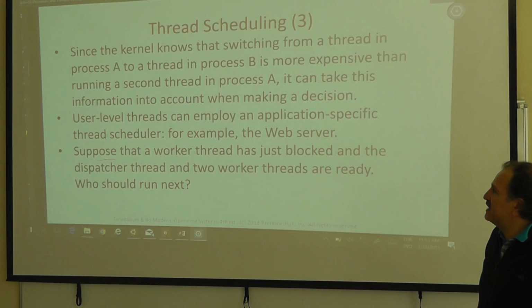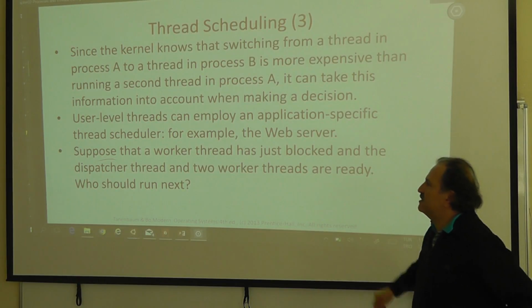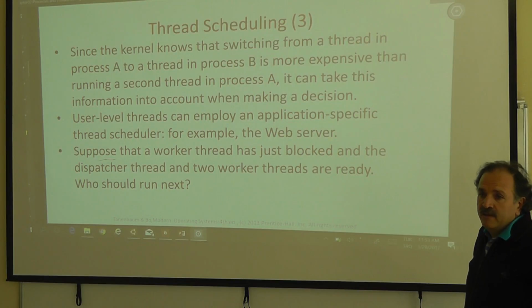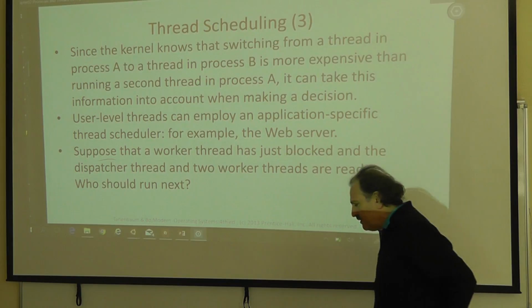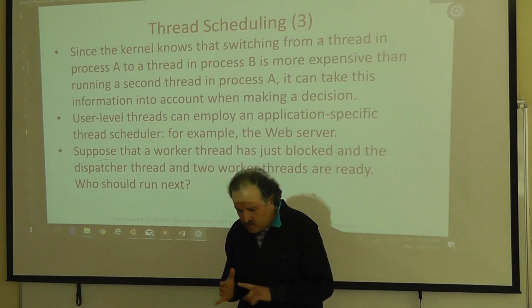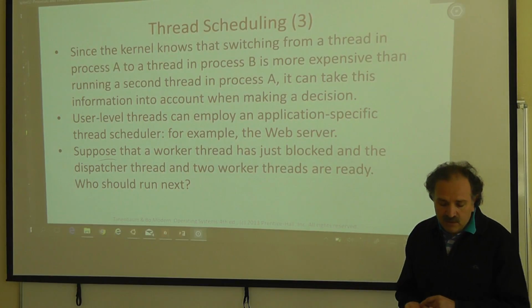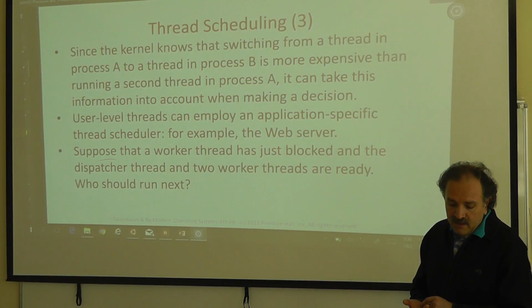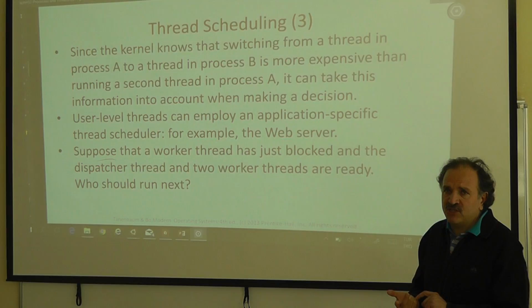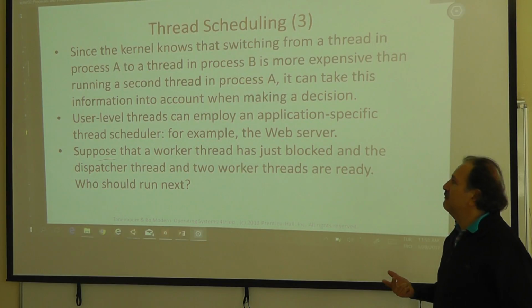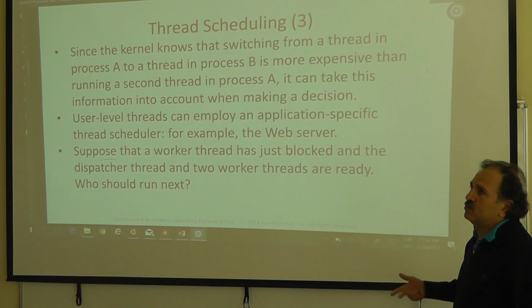Again, user level threads can employ an application specific thread scheduler. For example, for the web server, remember the web servers? How many threads did we have? We have the worker threads, and we have a dispatcher, right? So if I have a dispatcher thread, which is the most important thread, maybe that thread should get more time.